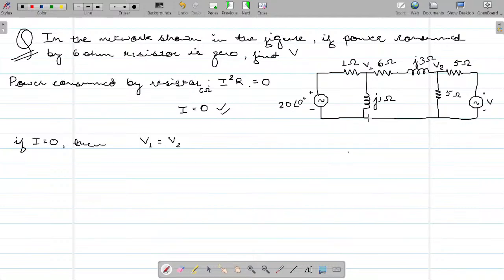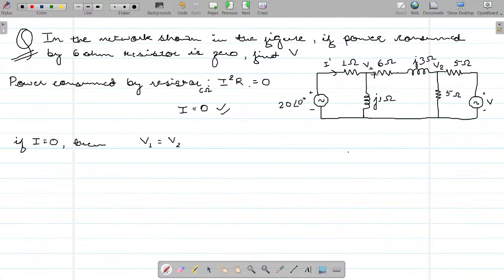Now look closely and tell me, this is one network. Let's not talk about loops here. If there is some current, let me just name it I dash, flowing from this direction and there is no current in this branch, where will the I dash go?